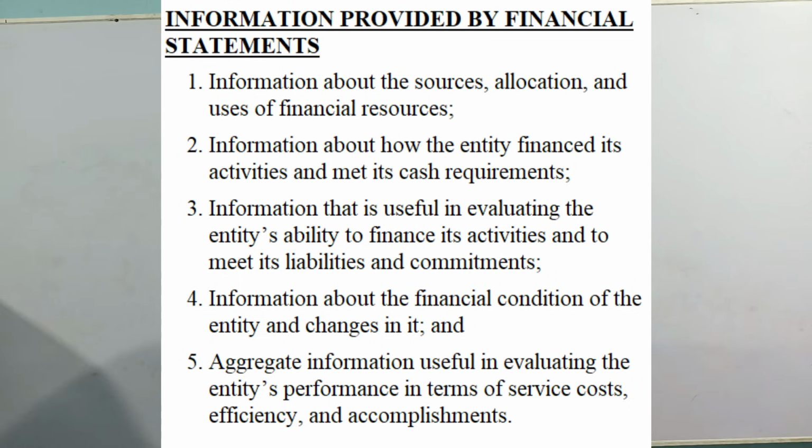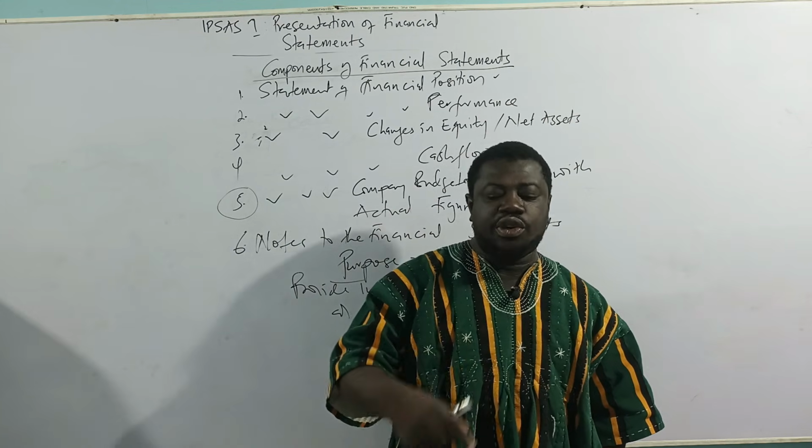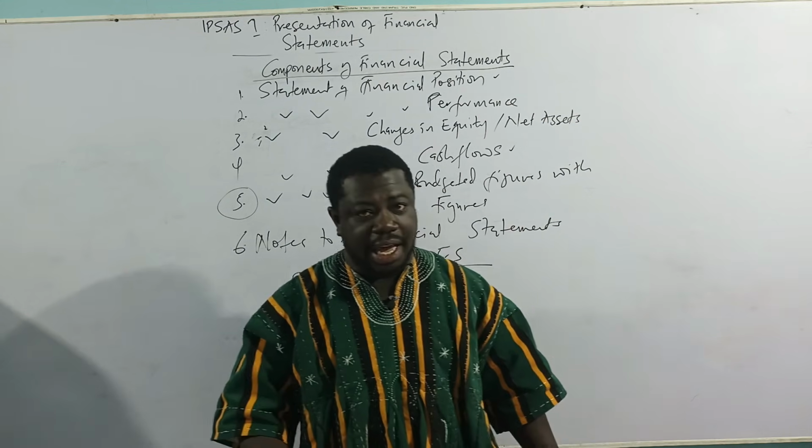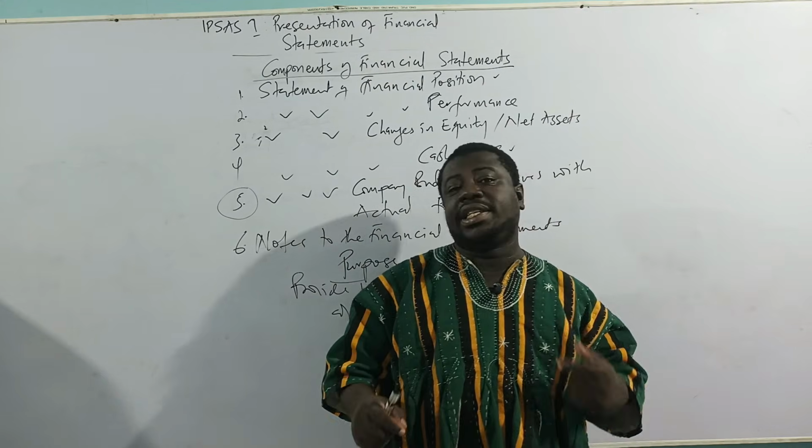Then from point 3, financial statement should provide information that is useful in evaluating the entity's ability to finance its activities and to meet its liabilities and commitments. So it should help evaluate your ability to finance your activities and not depend on any other organization, and to meet your liabilities and commitment.